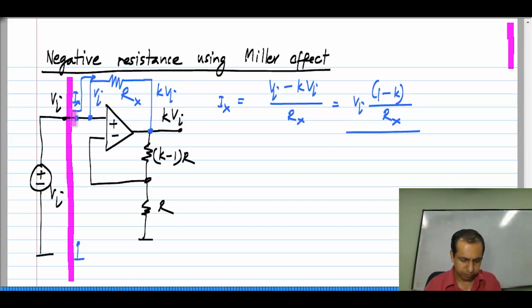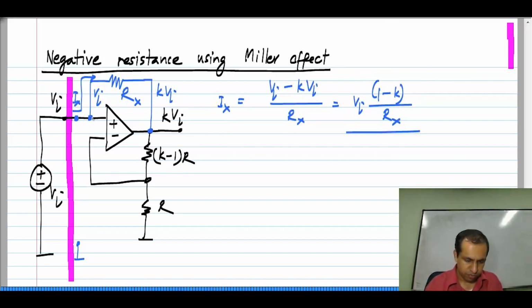Now, you can see that this Ix will actually be negative because this k will be greater than 1. We will assume that k is more than 1 because we are making an amplifier of gain k. K is at least 1, and in this case we will choose k to be more than 1, so that this k minus 1 is a positive number. Okay. So, this Ix in this direction will be actually negative.